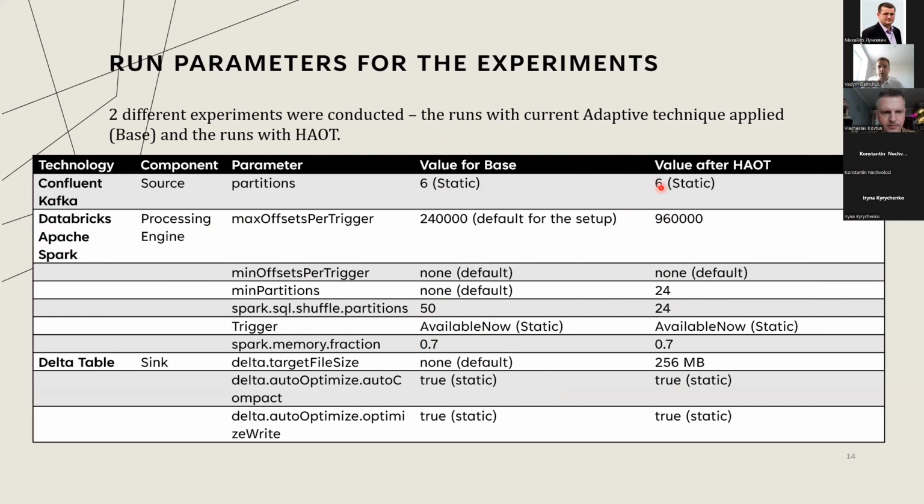It means that each Kafka partition will be read in parallel by 4 consumers. Also, it found a correlation between min partitions and shuffle partitions. This is basically best practice in case the size of the input batch is relatively small.